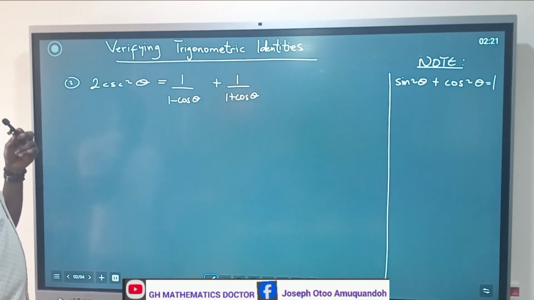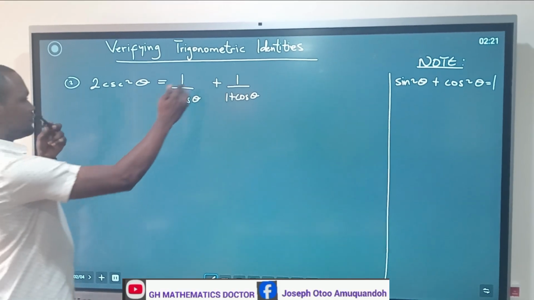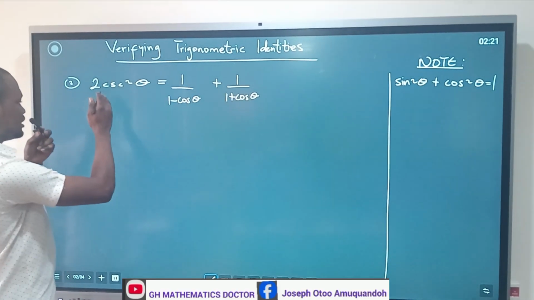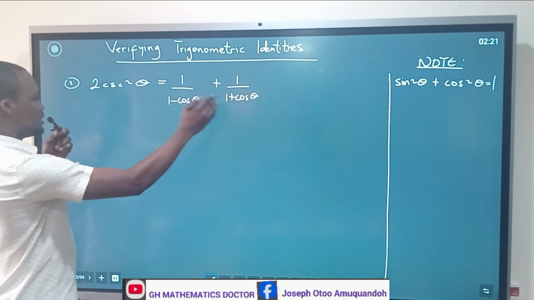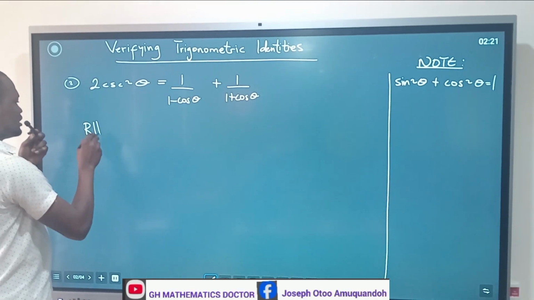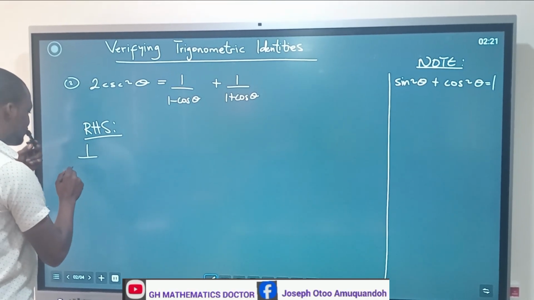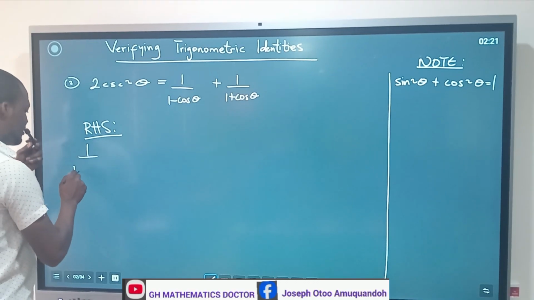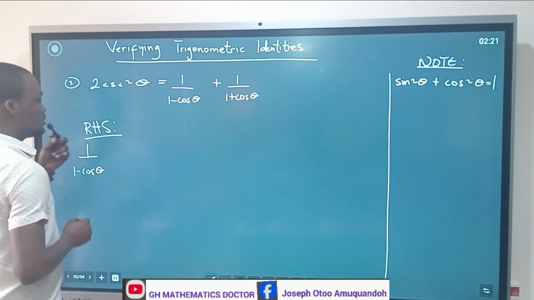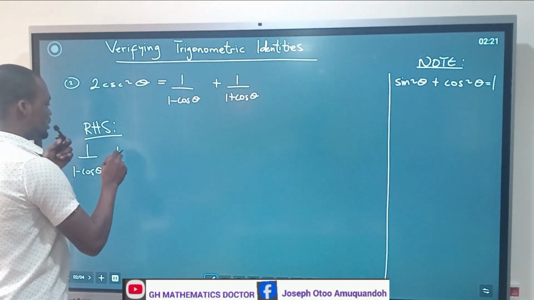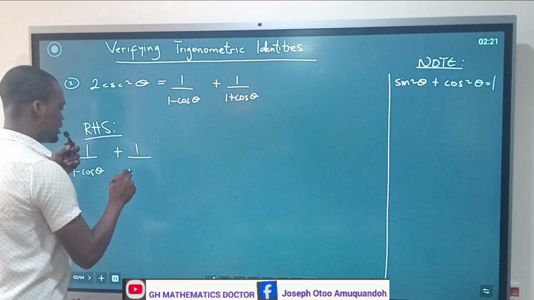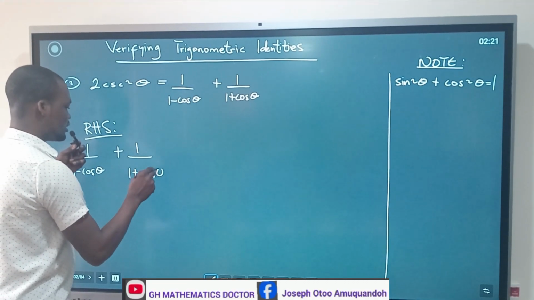So we have example number 2. You can see the right hand side is more complex than the left hand side. So you're going to work with the right hand side. Taking its identity, we have 1 over 1 minus cos theta, plus 1 over 1 plus cos theta.